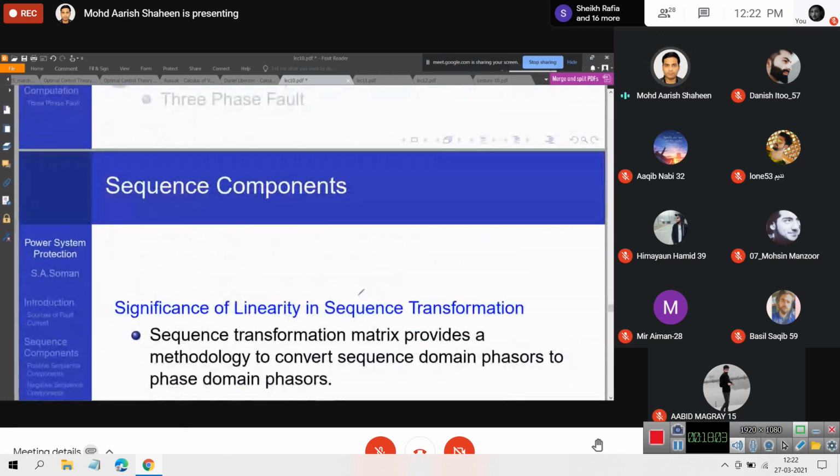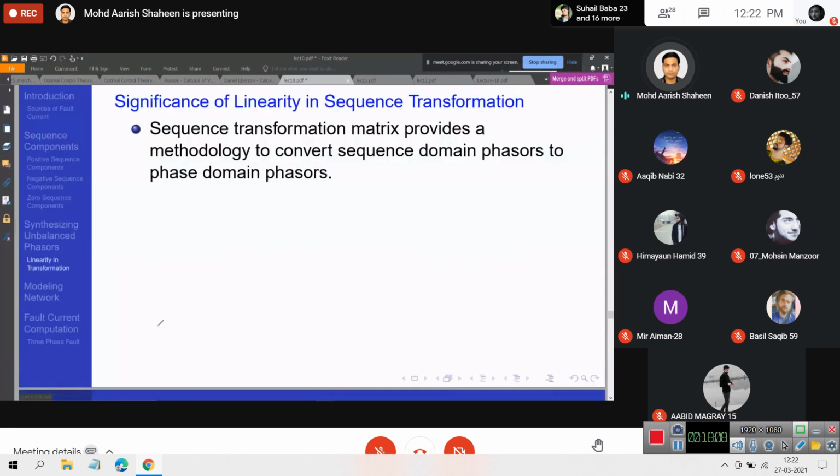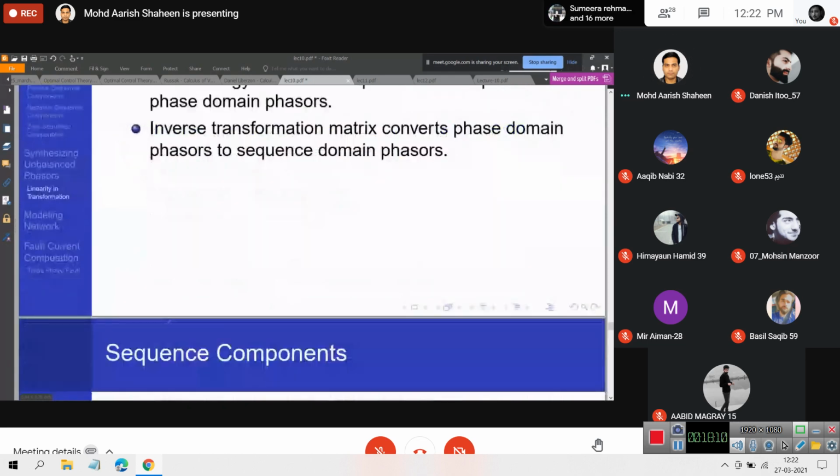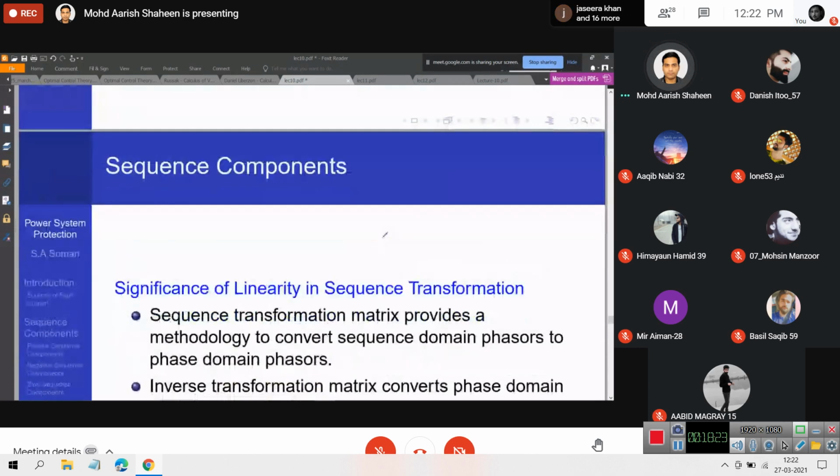Okay, so there are some properties which are very interesting. The first one is that this is linear. Linear means, actually, the main thing is that there is no loss of information in either domain. This is, by the way, obvious from these two equations.